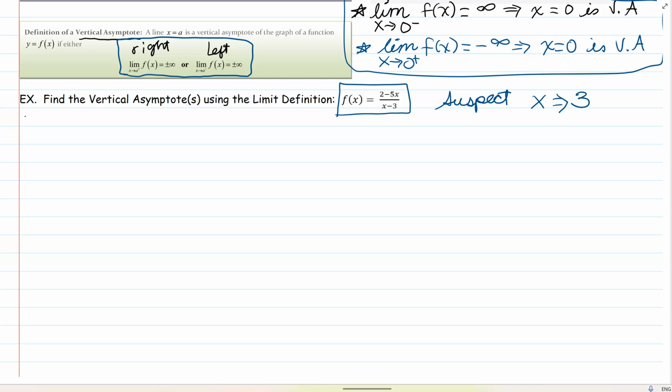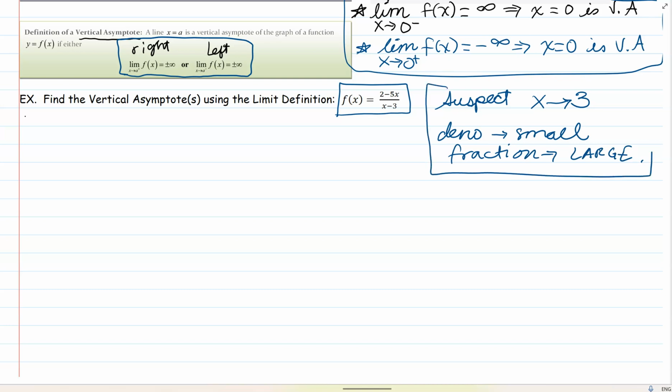Now, x cannot be 3 because that will make the denominator 0 and the function is undefined. However, if x is approaching 3, then the denominator is very small, so the fraction will be very large. And that is telling us where to look for A.